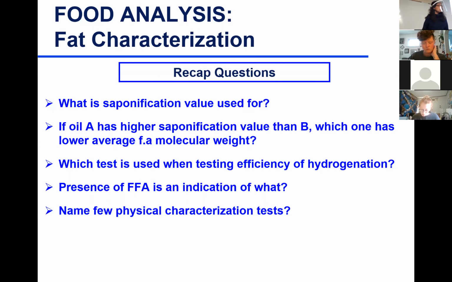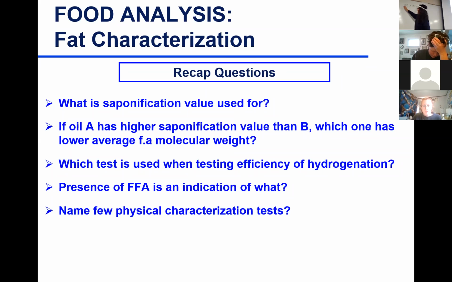Now, for you to know this and to come naturally to you, you really have to remember your chemical reaction. You have 1 mole of triglyceride reacting with 3 moles of KOH, and then it gives you glycerol and 3 fatty acid salts.